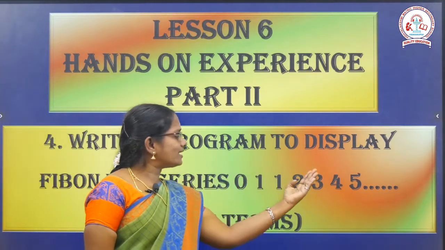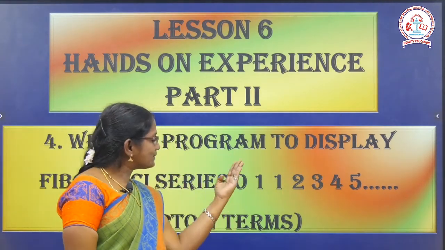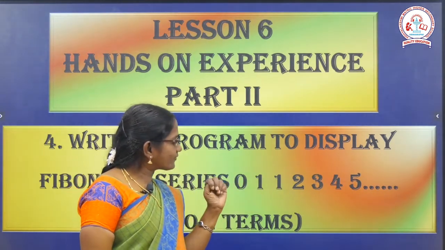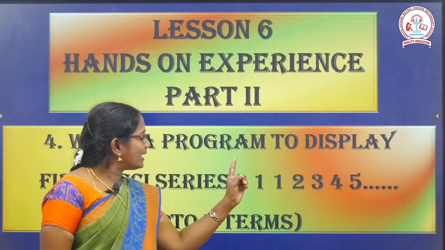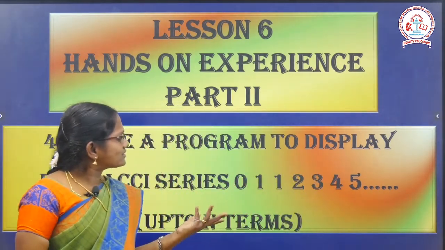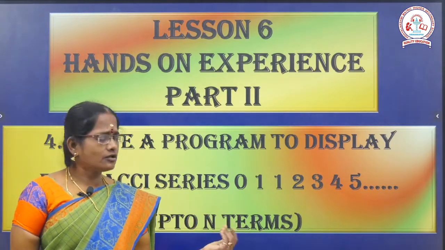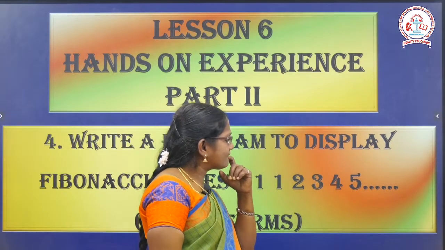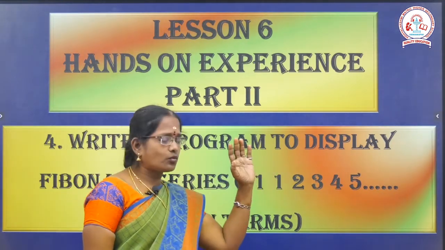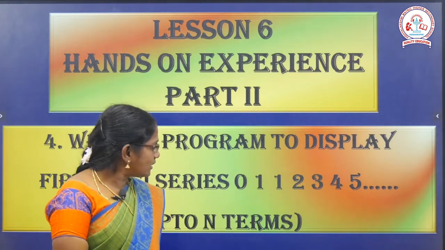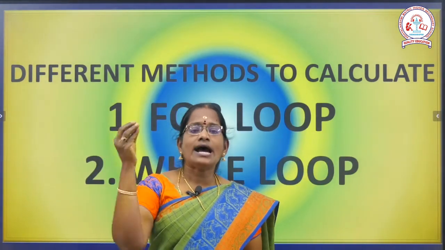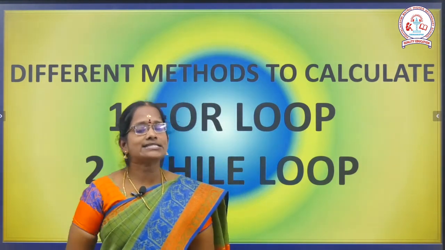How are these values calculated? Between the first number and the second number there is no difference, then between the second and third one difference, and again next one different, next one different. So something is going on. In this place we calculated 0 plus 1 is 1.